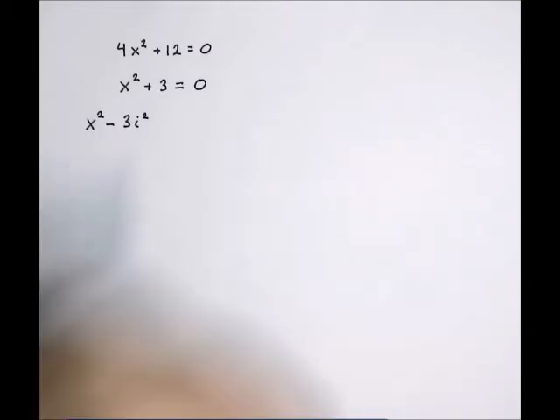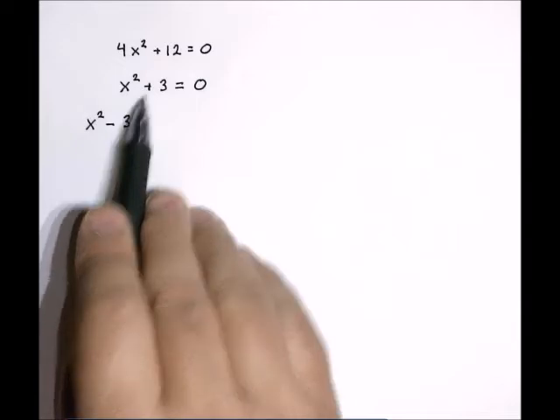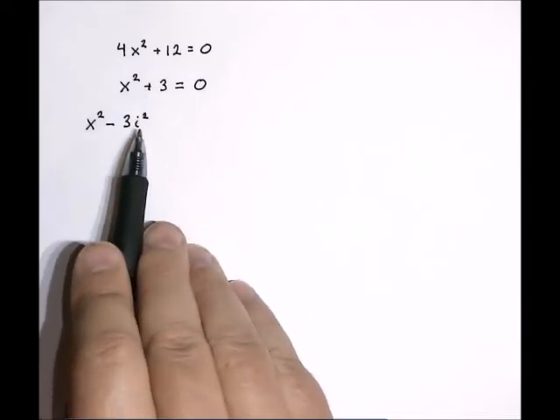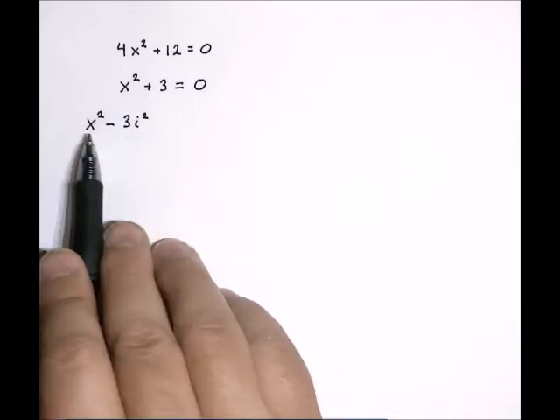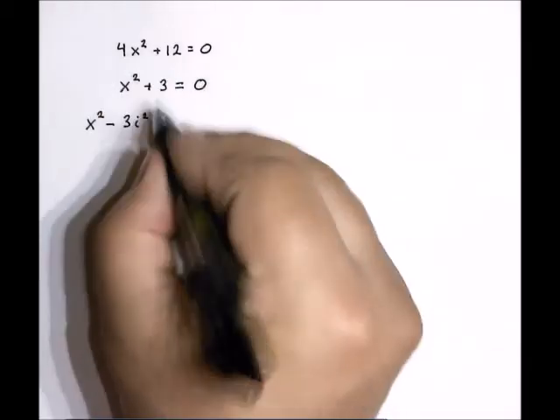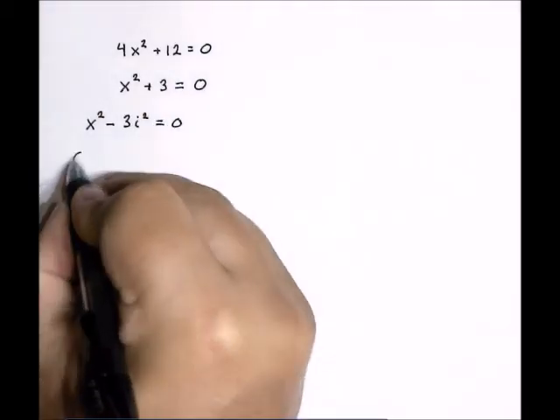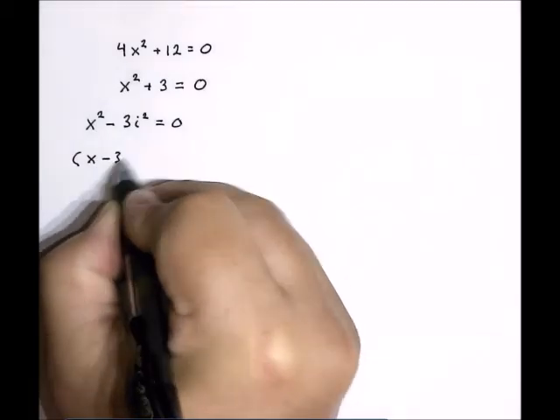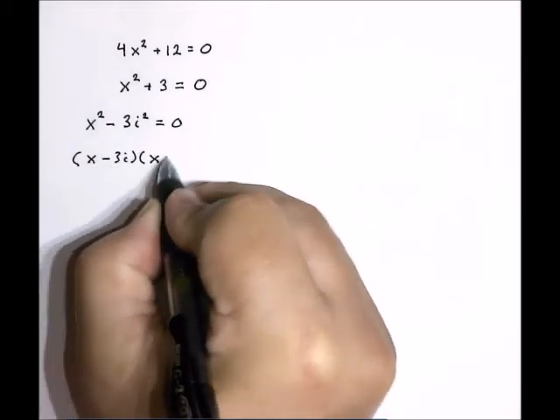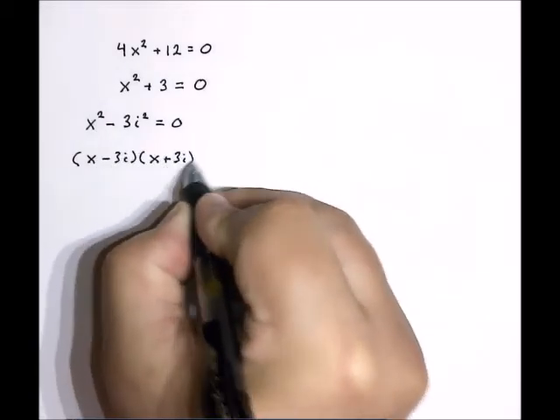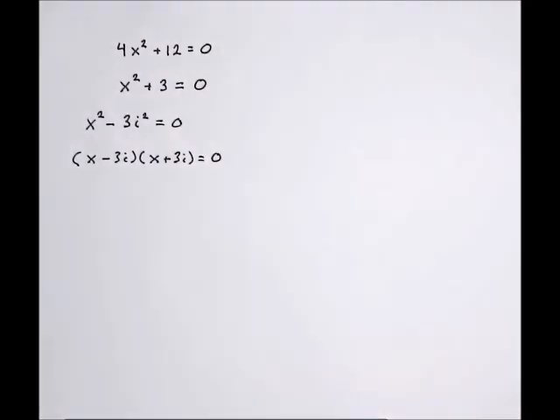So I'm allowed to change this sign as long as I tack an I squared onto the 3. And now we have two squares, and I can just factor. So I get an answer of 3i and negative 3i.